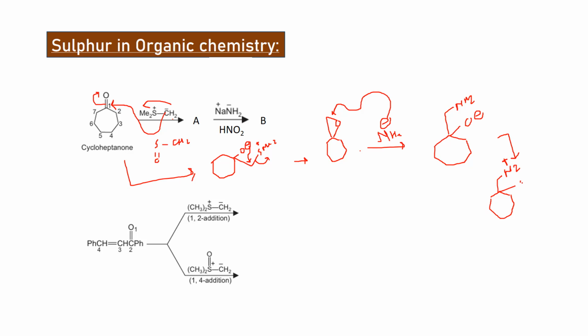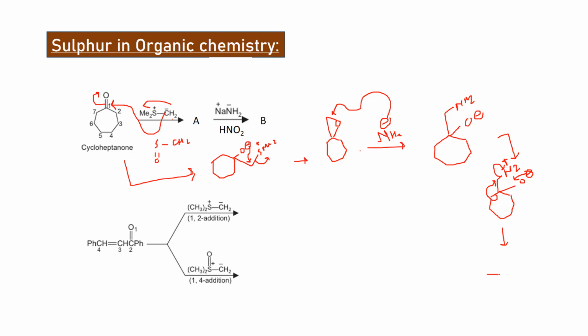Now this O minus will come here, and this bond will shift to this carbon. This is called a semipinacol type of reaction. So there will be generation of an 8-member ring because of one carbon extension.